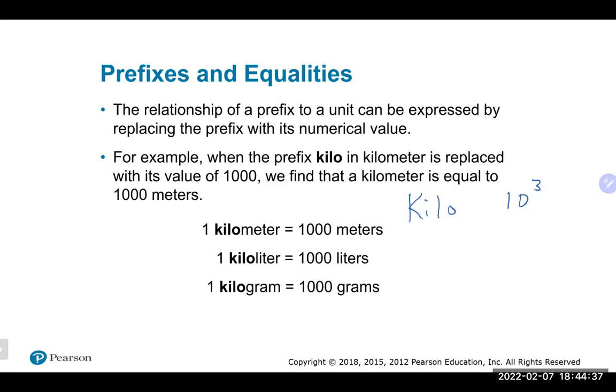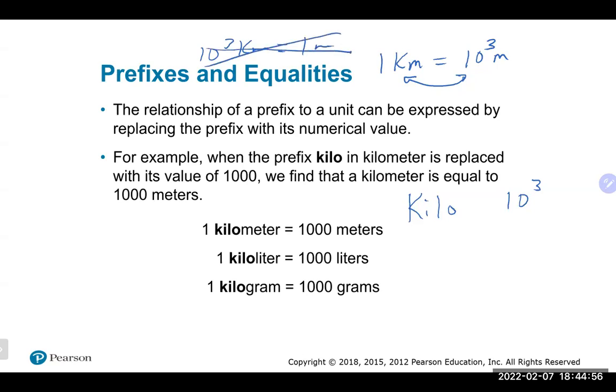So you would say in one kilometer there is 10 to the 3 meters. People often reverse that and say there's 10 to the 3 kilometers in 1 meter, and that is incorrect.